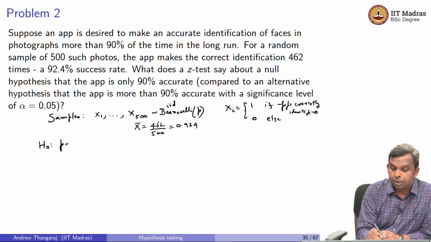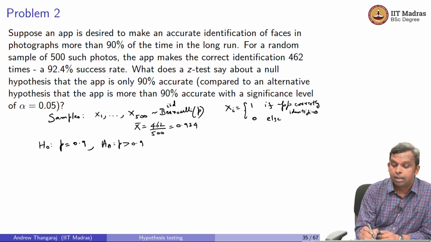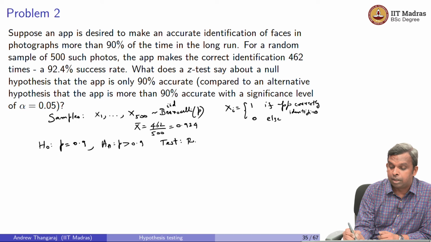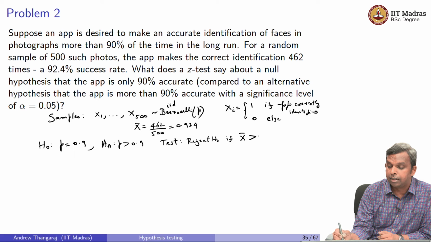Null hypothesis is p equals 0.9. Alternate hypothesis is p greater than 0.9. You would like to test against this, and your sample mean is this, and what is your test going to be? This is a right-sided test, so you will reject H0 if your x bar is greater than some c.